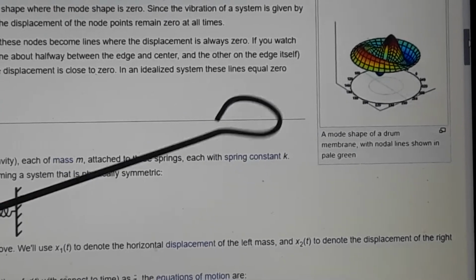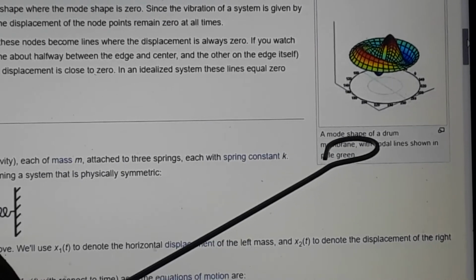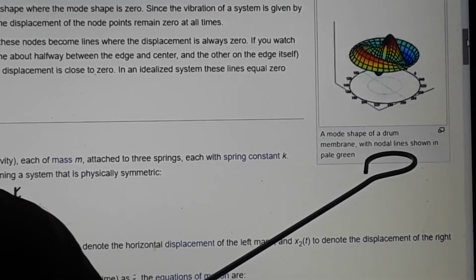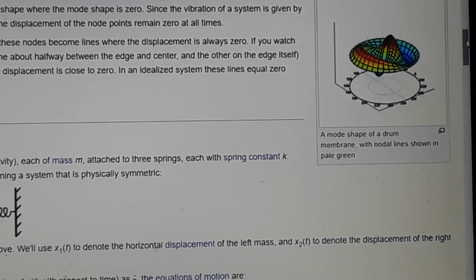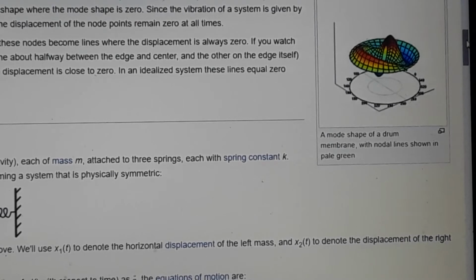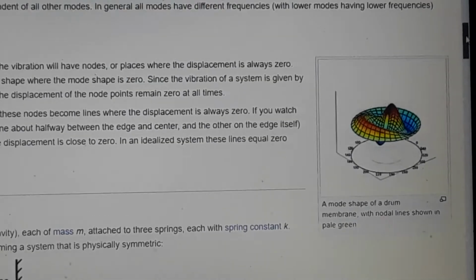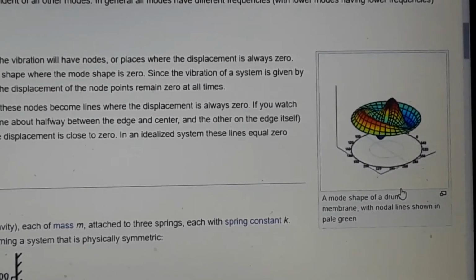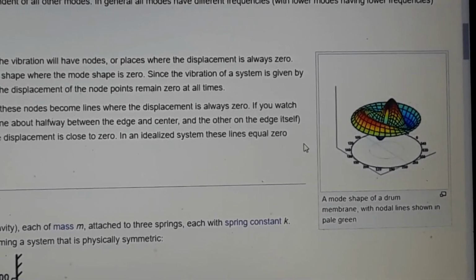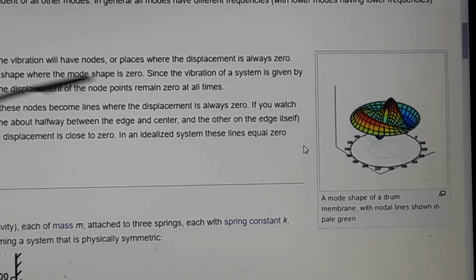So this is a mode shape of a drum membrane with nodal lines shown in pale green. Now, picture your ear, the tympanic membrane in your ear, being such. I think that's really important to mention, okay?